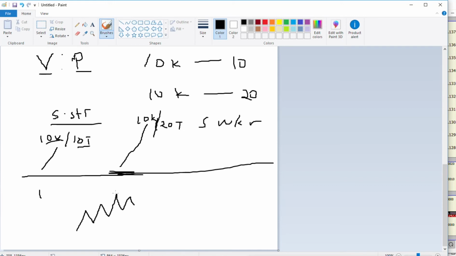Now he's going to compare, for example, these two waves. Here you have this situation where you have 10,000 contracts, but it moved 20 ticks. So I'll just put 20. Okay? Here you have the same 10,000 contracts, but it only goes 10 ticks.